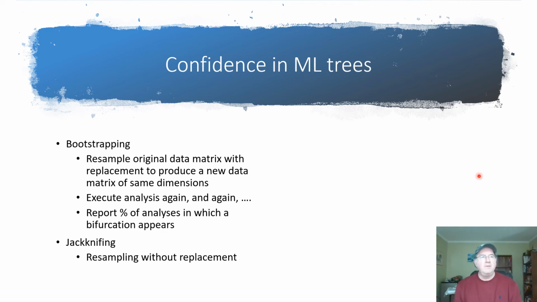It's really telling you how well the data you have support a particular hypothesis. Whereas in a posterior probability, you are saying how good the hypothesis is based upon the data that you have.